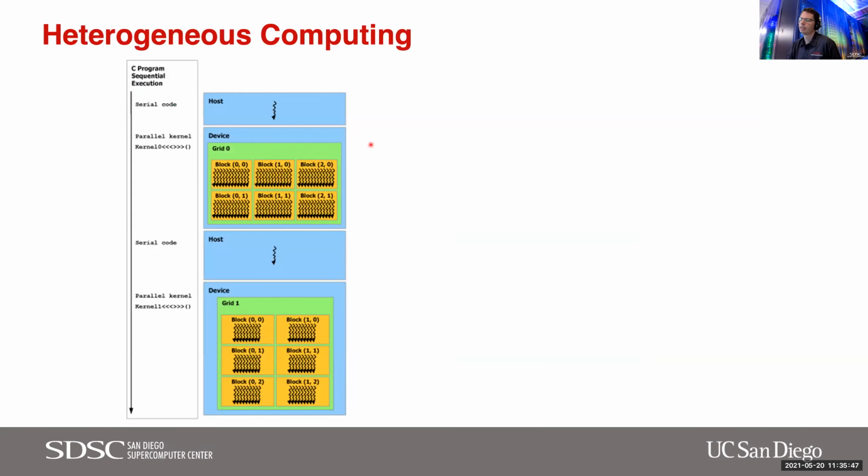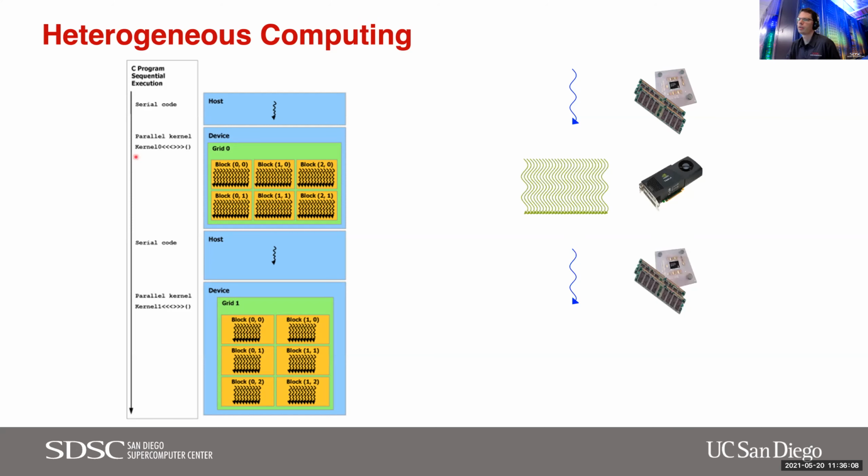Heterogeneous computing is called heterogeneous because you have two types of processors in your system, CPUs and GPUs. So that's literally how the flow looks. You have code on the CPU, serial code, could be parallel code with MPI or OpenMP. And then you have this parallel code in a kernel that launches on the device, and that's depicted here, a grid of blocks of threads, right?